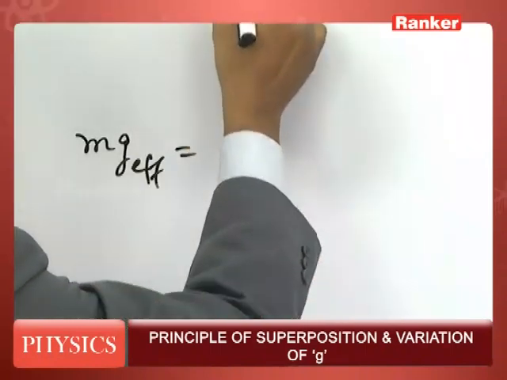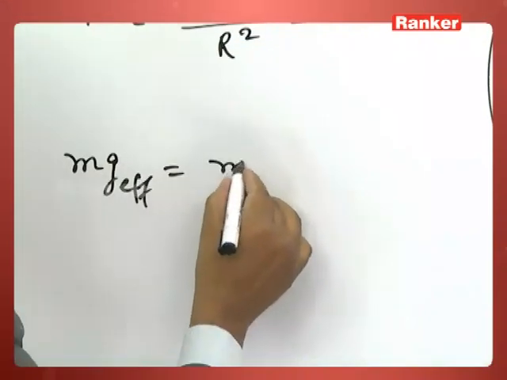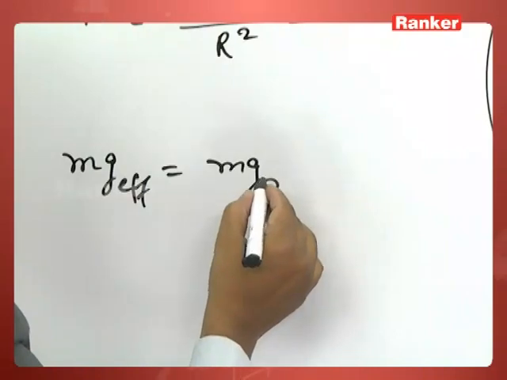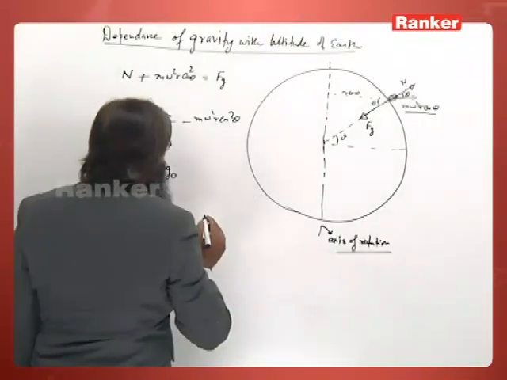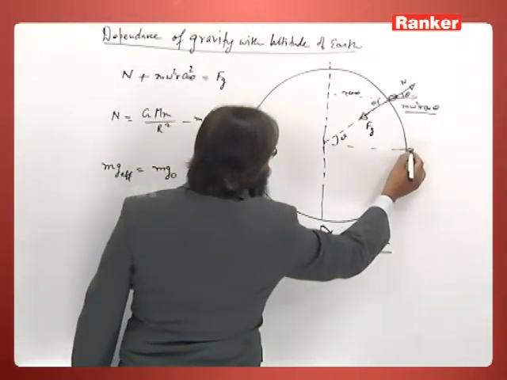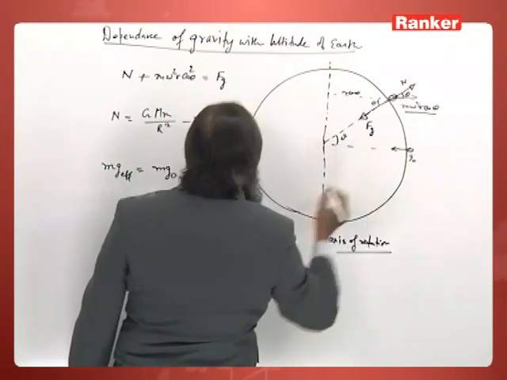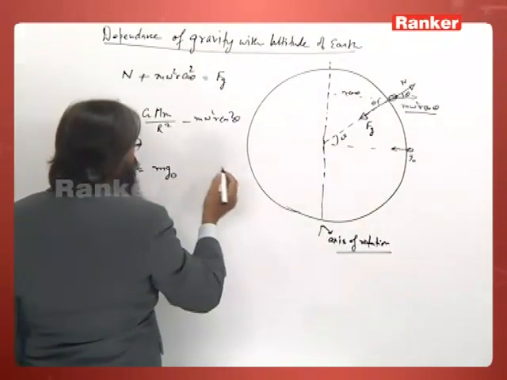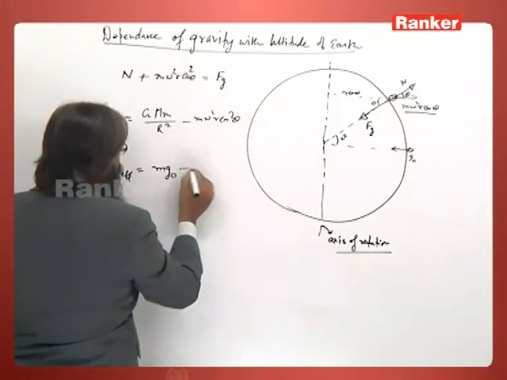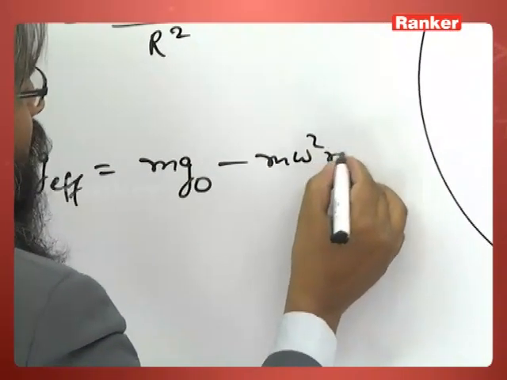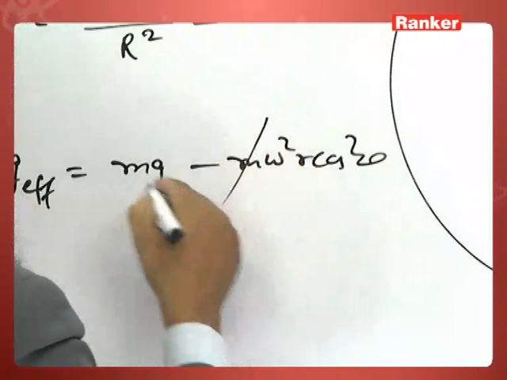This value is here m times g naught, where g naught is the gravitational field, the field at the equator, minus m omega square r cos square theta.